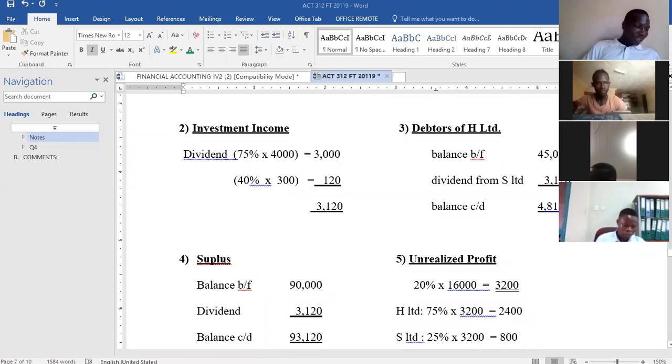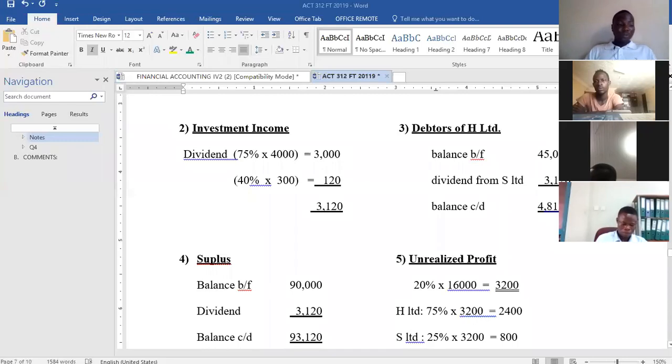Now, we are being told here that S sold goods to H. So you can see that it is the subsidiary that is selling to the holding company. From the beginning, I told you that the holding can sell to the subsidiary. If the holding sold to the subsidiary, then all the unrealized profit will be charged to the holding company's account. But if it is the subsidiary that is selling to the holding company, then all the unrealized profits will be shared in proportion of the percentage holding.